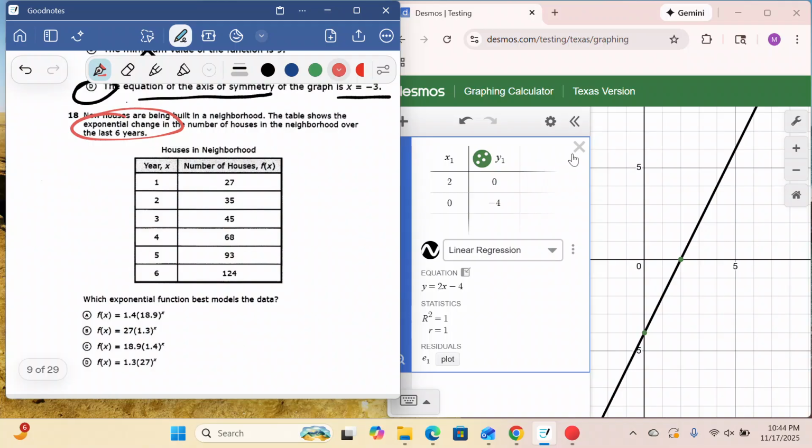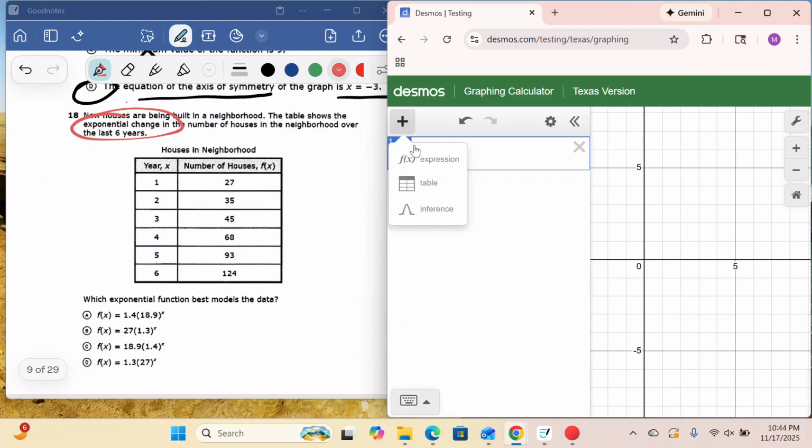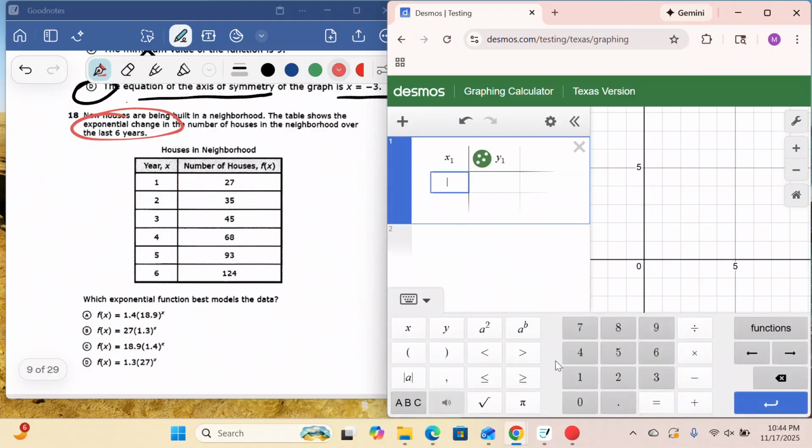So again, I'm going to get rid of all this, and I'm going to start inputting my table. My x is my years, and my y, f of x, which is just a fancy way of saying y, is 27, 35. So all I'm going to do is input the table next.